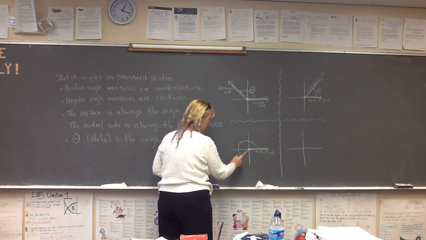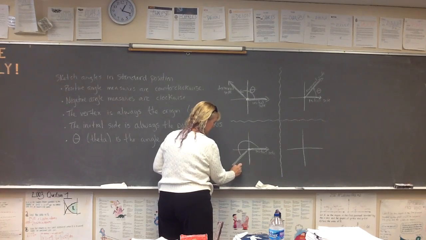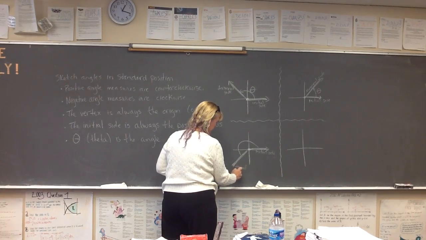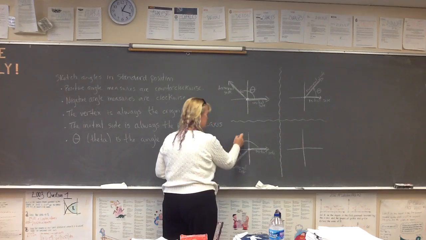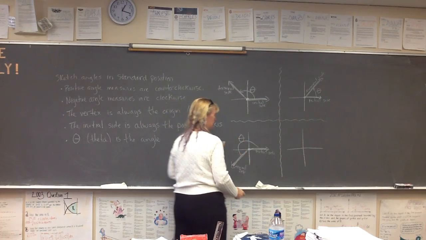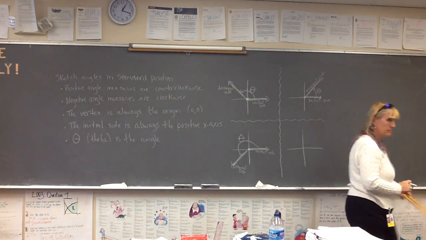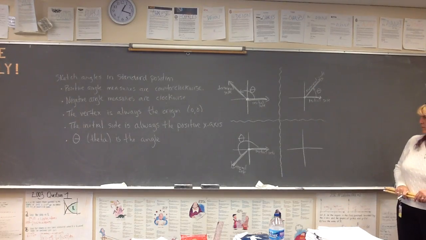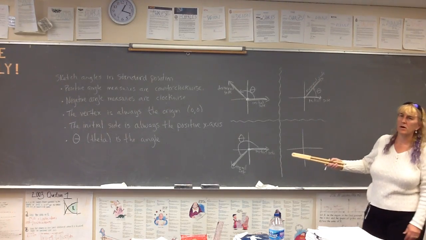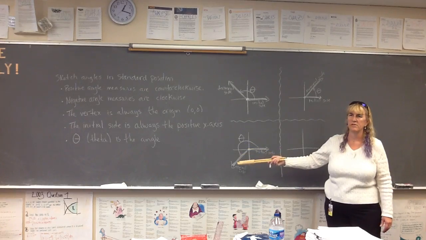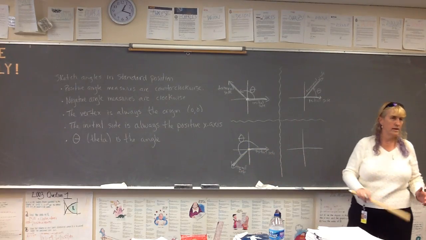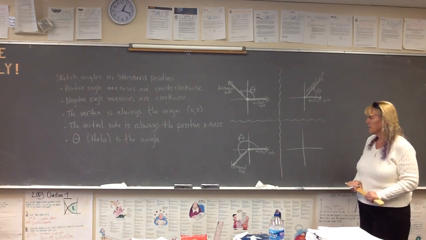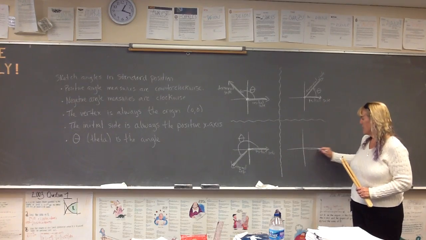This will be my terminal side. And this is my theta. Now, I don't even know what kind of angle that's called. It's not acute, it's not obtuse, it's above and beyond, I don't even know.